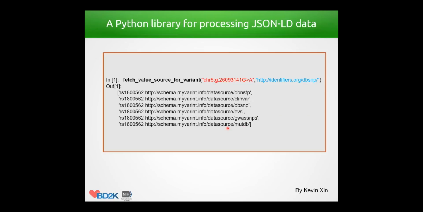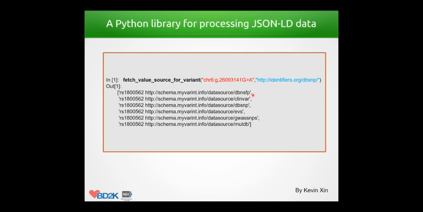Of course, for dbSNP, we can see all these values are the same. But for example, we can get the PolyPhen score or PolyPhen prediction. Sometimes we do see some discrepancy between the different sources. Maybe some say damaging, another maybe says benign or something.